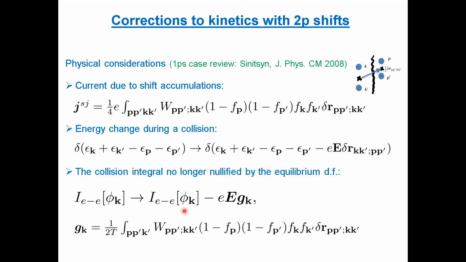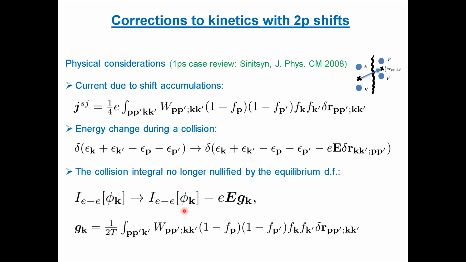Okay, so this is all nice and cute, but what are they good for, these shifts? We basically get a manifestation of these band geometry effects in physical quantities, and the simplest effect to consider is to see whether they contribute to the anomalous Hall effect, just like single particle quantities did.